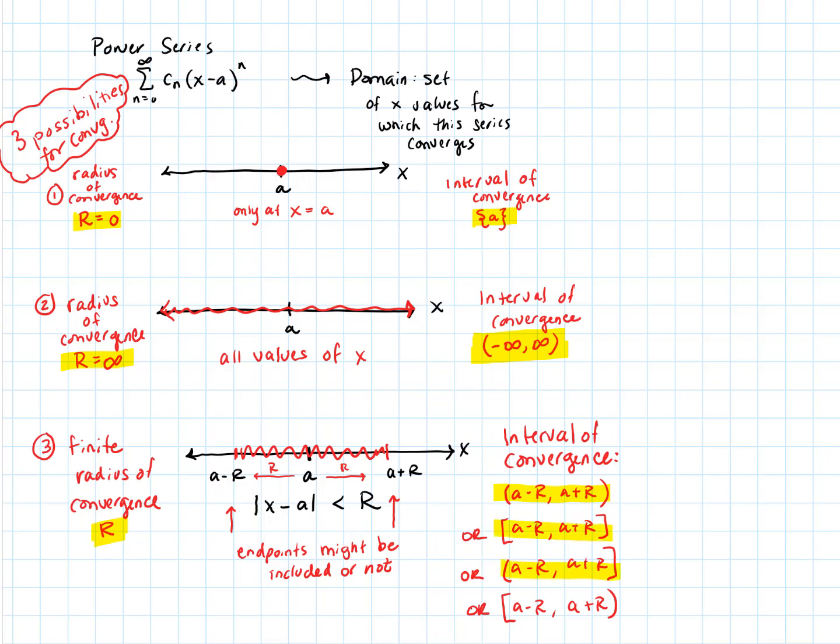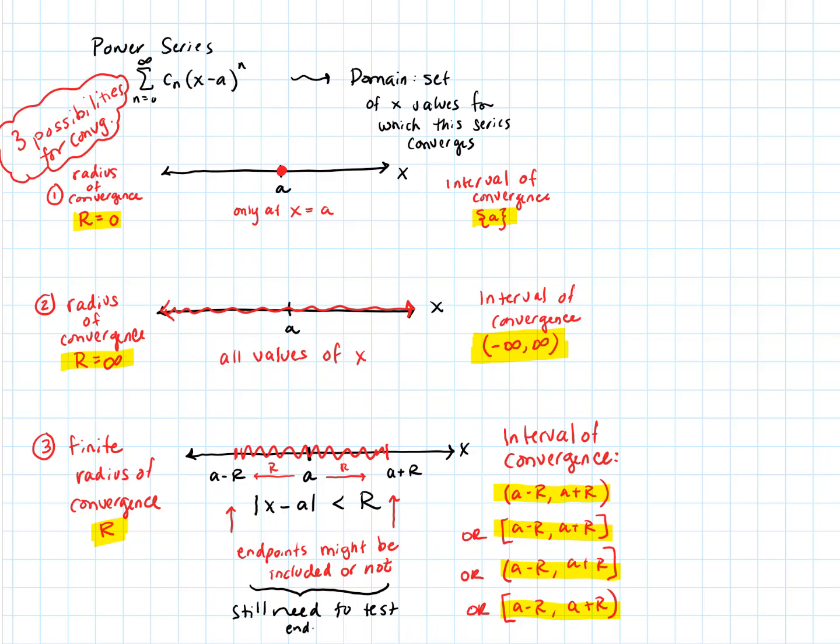We do know that within the interior of that interval we have absolute convergence, but the endpoints actually have to be tested. So we still need to test endpoints.